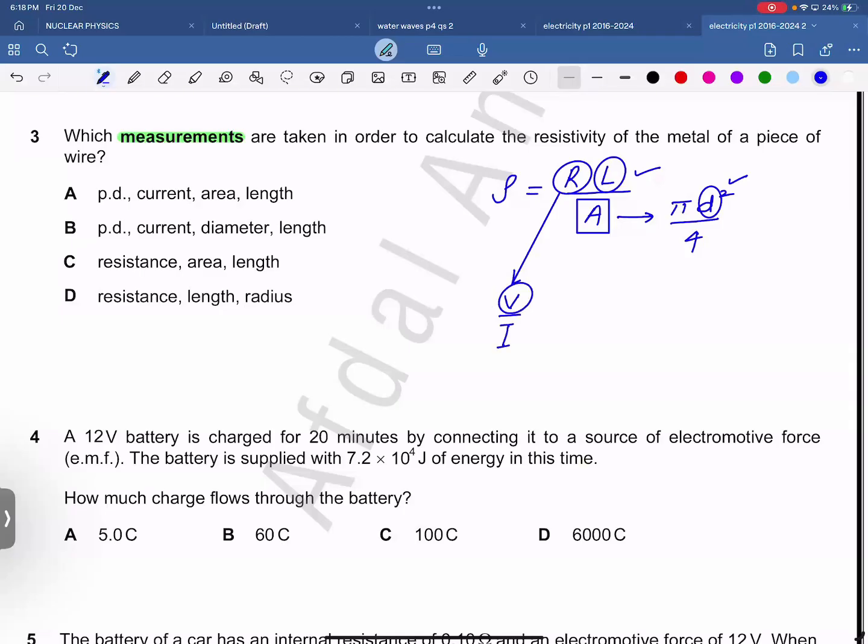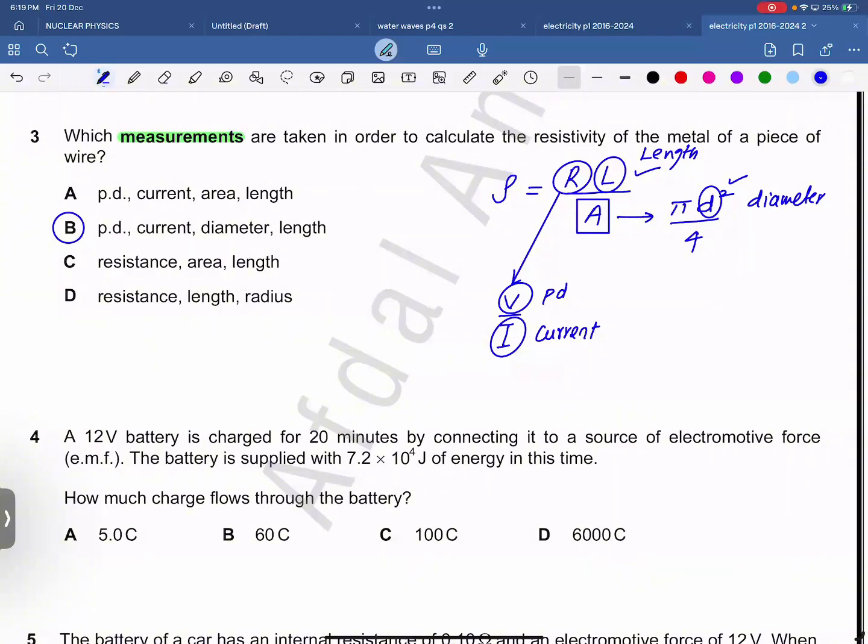So these are the raw values you need to take measurements. So you need PD, you need current, diameter, and length. My dear students, this question is challenging, until a student sees the answer from mark scheme. So answer will be PD, current, length, diameter, option B.